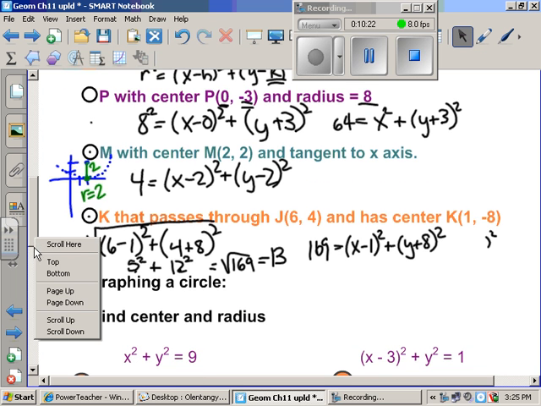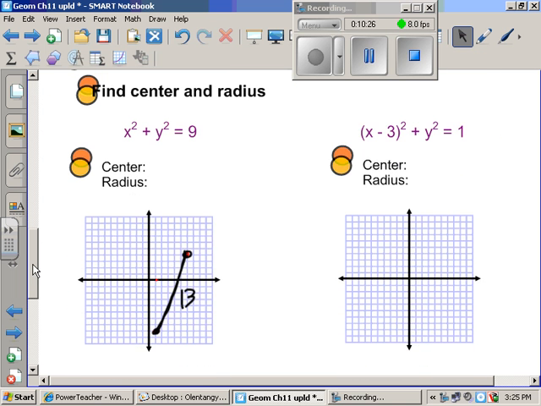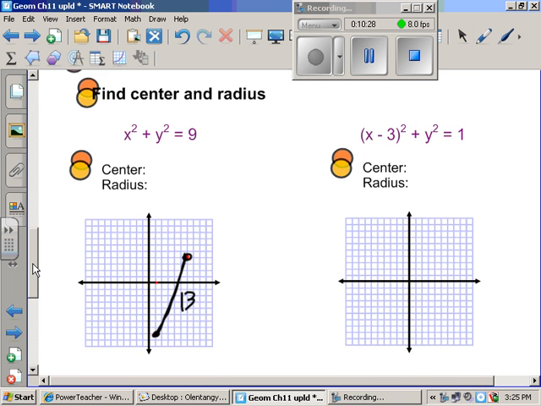Now let's go the other way. Let's take the equation already given to us and graph it. Remember that we need the center and the radius. This was (x minus 0) squared, and this one was (y minus 0) squared.